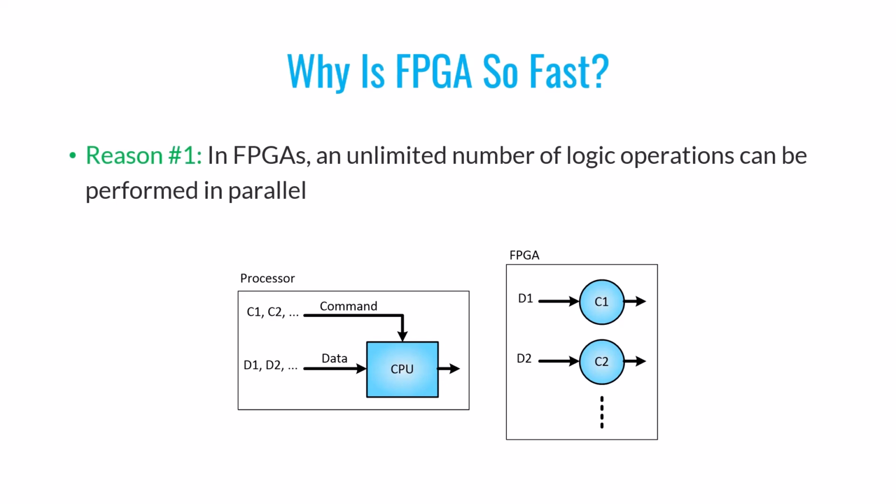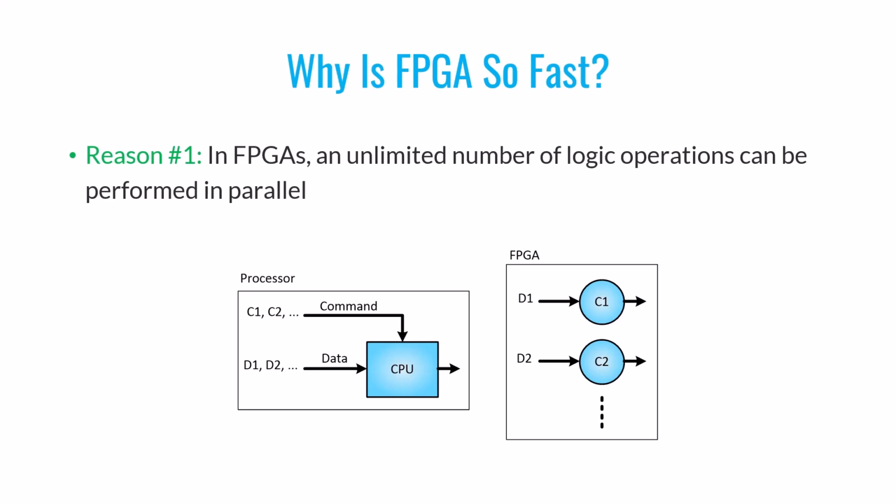Now consider the FPGA approach. Instead of relying on a single CPU, we tap into the FPGA's parallel processing capability. Here is how it works. For each CPU instruction, like C1 and C2, we can create dedicated hardware components using sets of lookup tables.